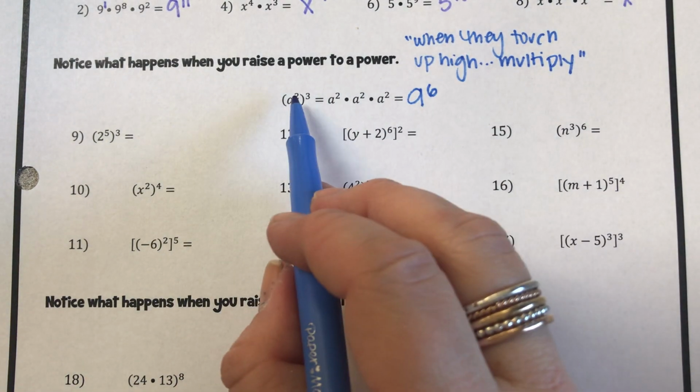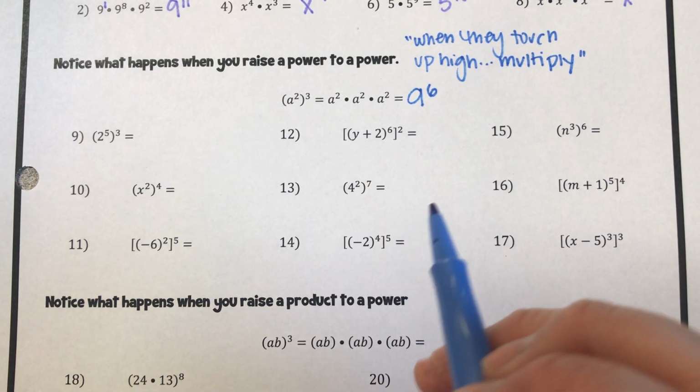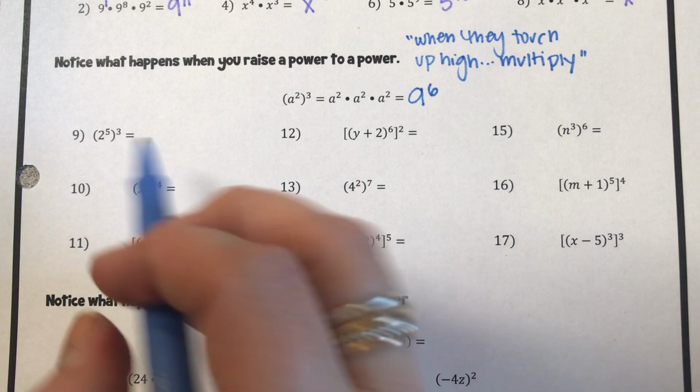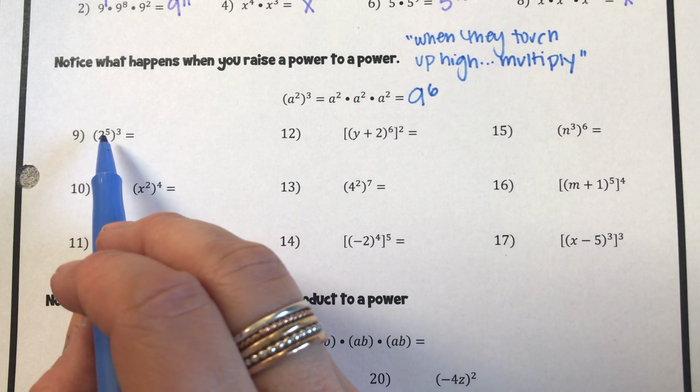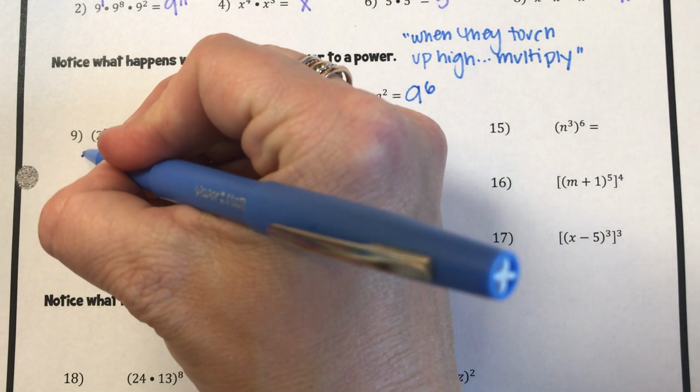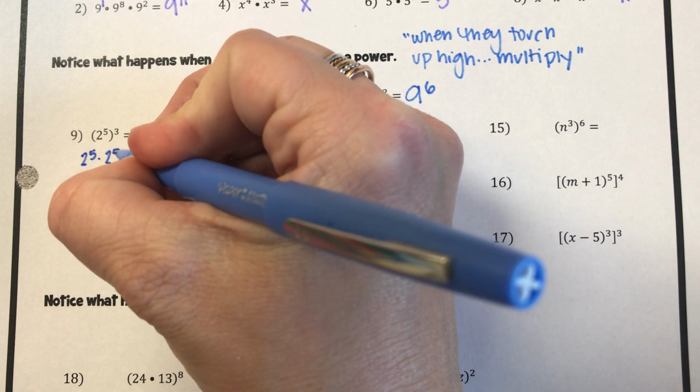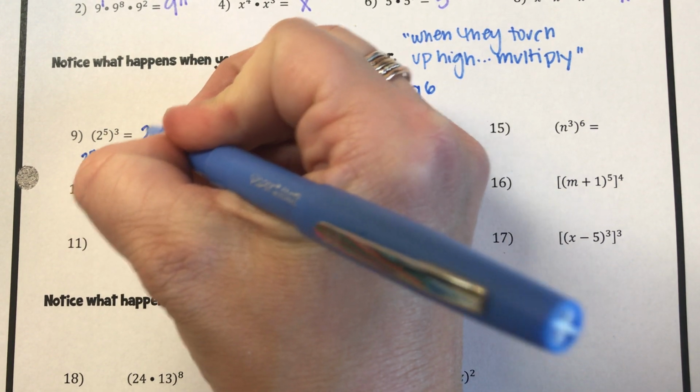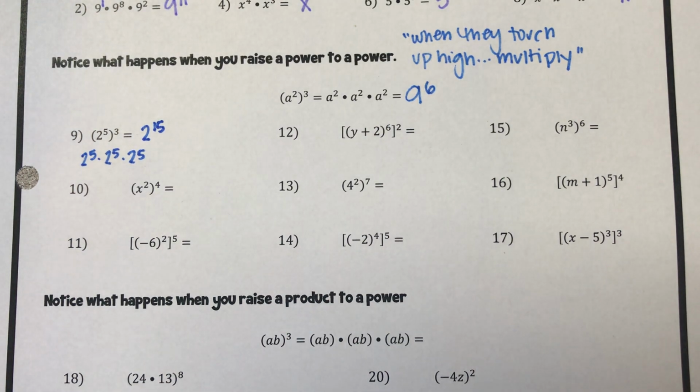Okay, so do y'all see how like the 2 is kind of like touching the 3 up high? You multiply. So like here, 2 to the 5th to the 3rd, let's think about what it means. 2 to the 5th, 3 times. So that's just 2 to the 15th.